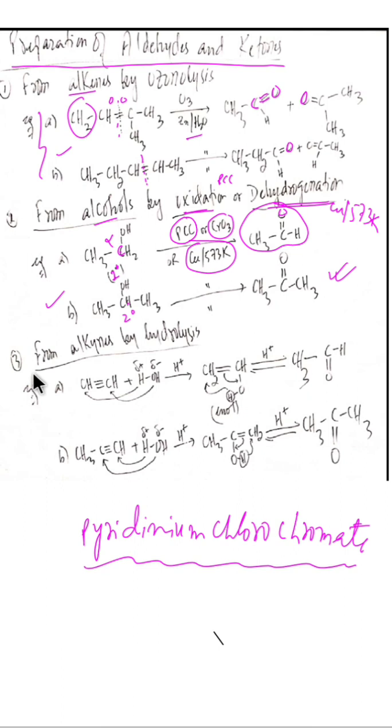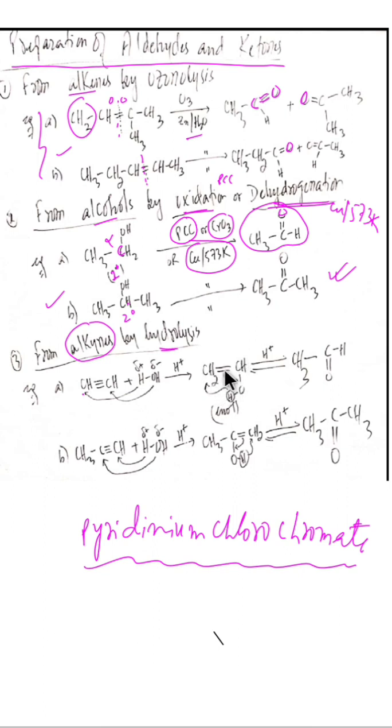Okay, let us move to the third preparation of aldehydes and ketones, which can be from alkynes by hydrolysis. So when this ethyne is taken and is reacted with water in presence of an acid, hydrogen will be added to this carbon atom, and OH will be added to this carbon atom. So we will have an enol.